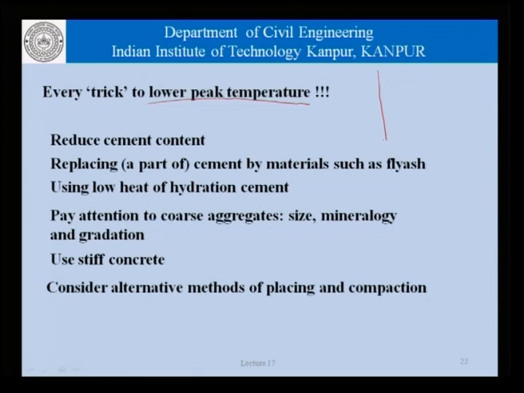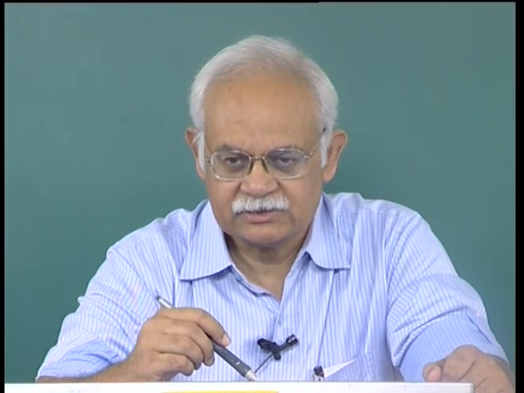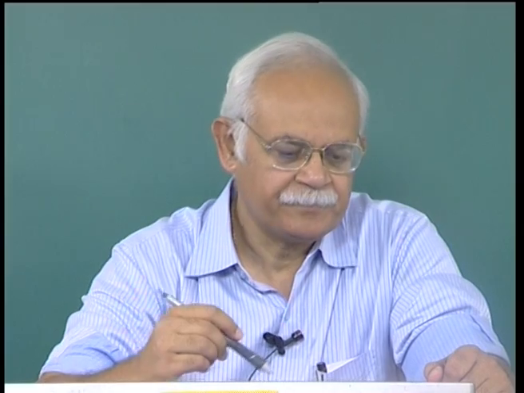Basically, we had seen a diagram which said that from an initial temperature the concrete temperature rises and then goes back finally to a stable value. So, whatever we can do to control this temperature rise or this peak temperature, we must try to do, and that will help us a lot in controlling the thermal stresses or the thermal strains in concrete.